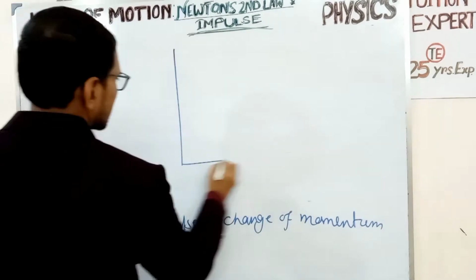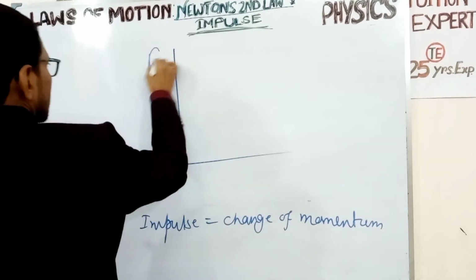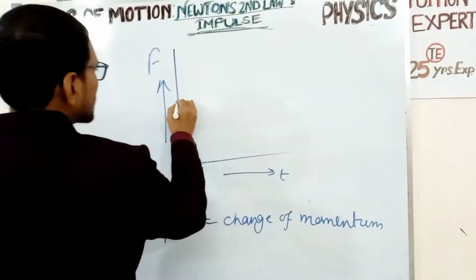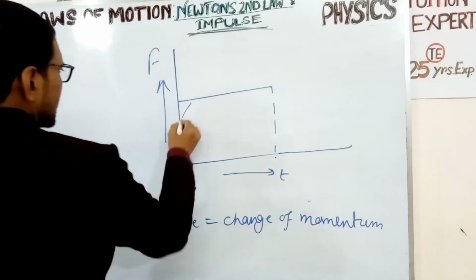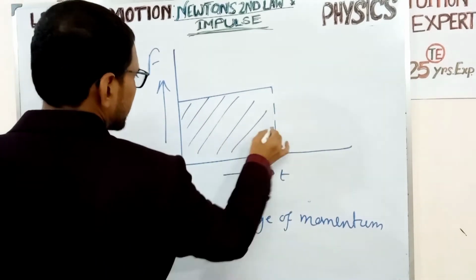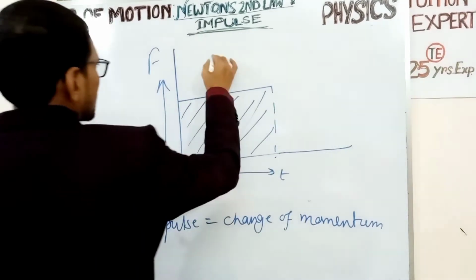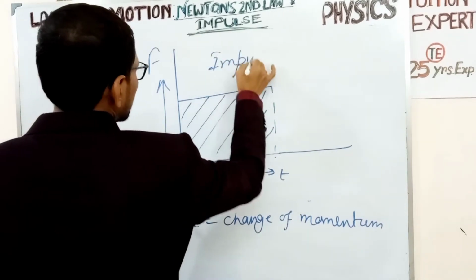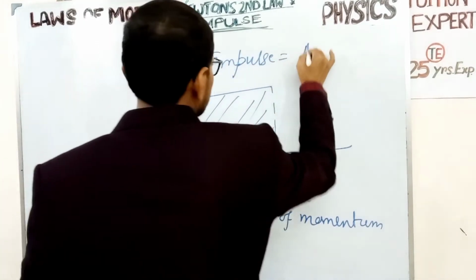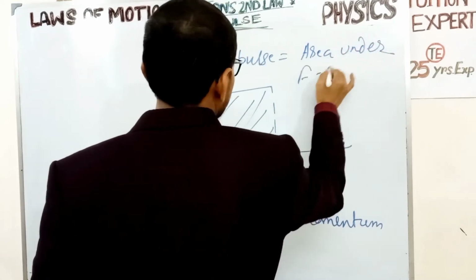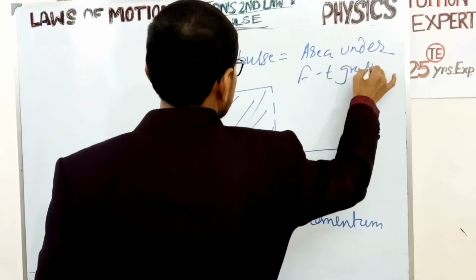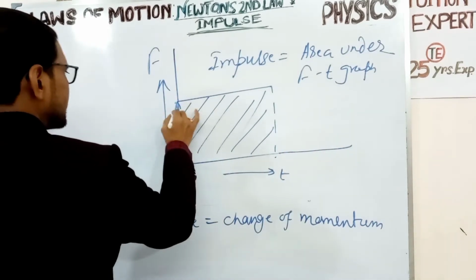This is impulse. This is the F-t graph. If a constant force acts for t seconds, then the area under the F-t graph denotes the impulse.